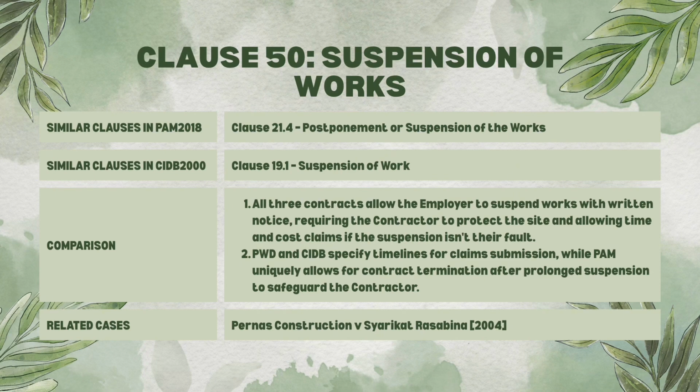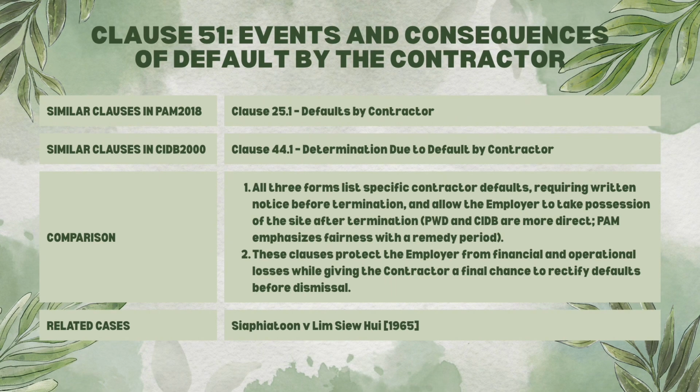So the issue here is whether the suspension of work by the main contractor justified the subcontractor's termination of contract. The decision here is the court ruled in favor of the subcontractor. The court emphasizes the importance of clear instruction, reasonable suspension periods, and the contractor's right to protect itself from indefinite delays and losses.